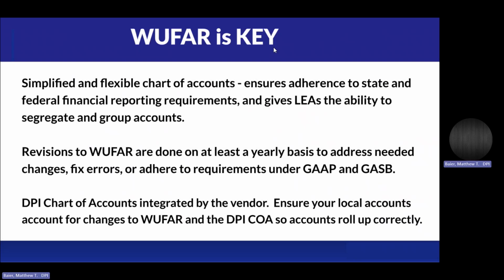automate and streamline a lot of our reporting going forward, such as some of the optional WUFAR elements, like there's a 3-digit location code within WUFAR that can be associated with actual school building locations and used for other purposes on the local level. There's also a project code, which is used for tying expenditures to specific programs that actually need to have those expenditures tracked.